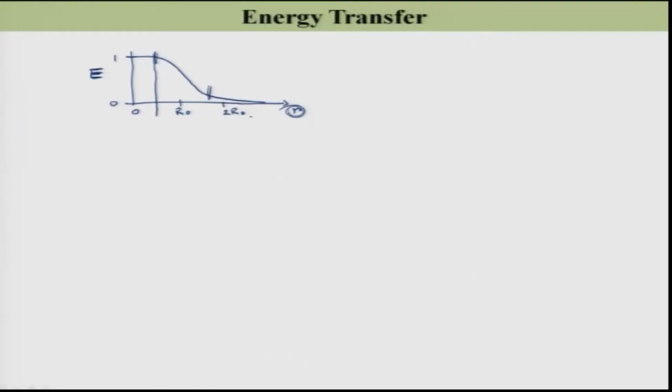A small change in the distance will give a large change in the E. So, you can use this E to measure very accurately the distance between the donor and acceptor.